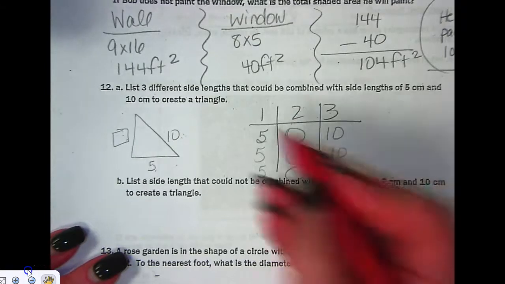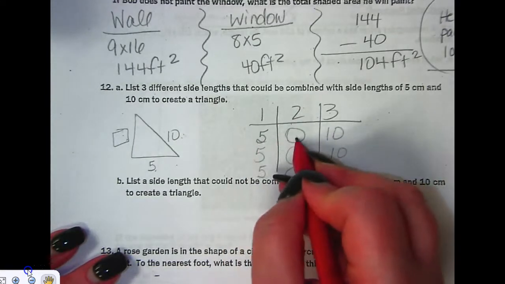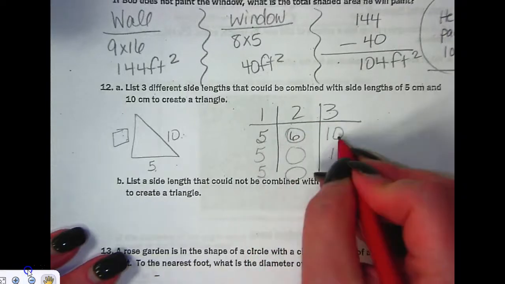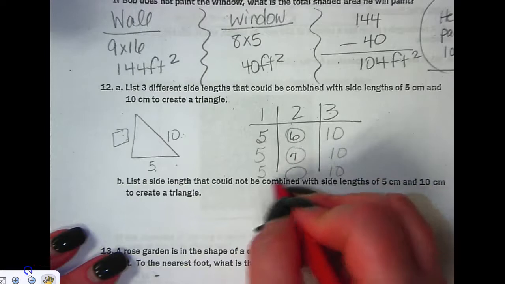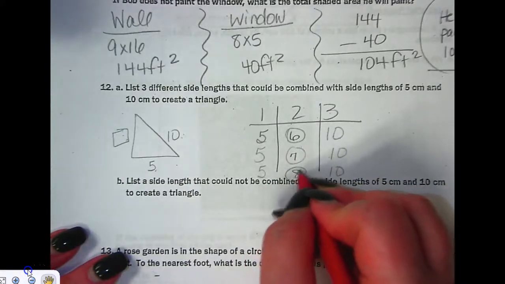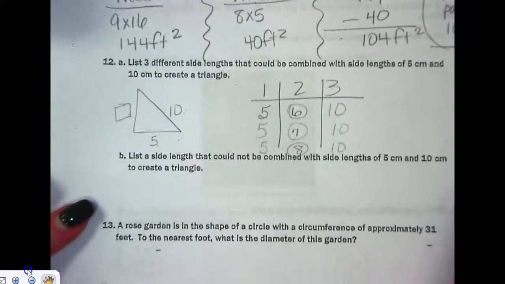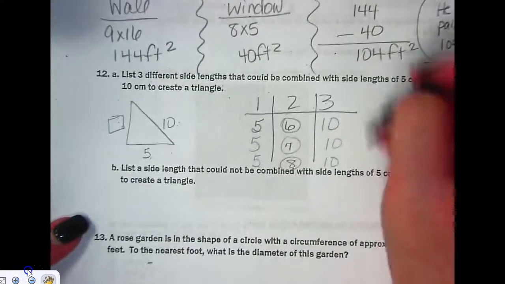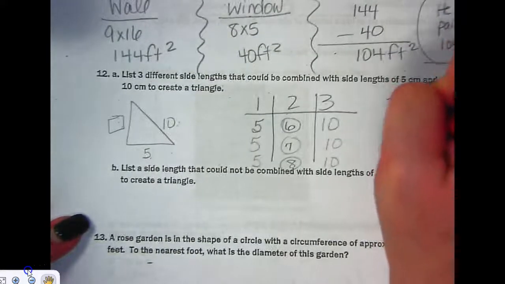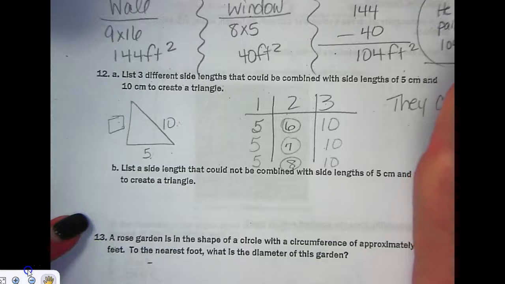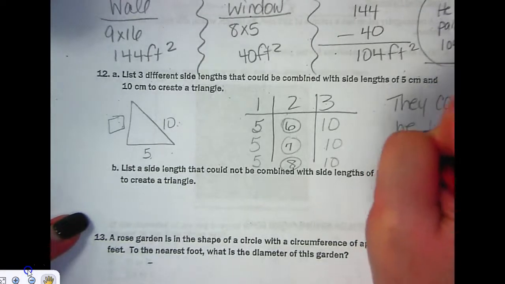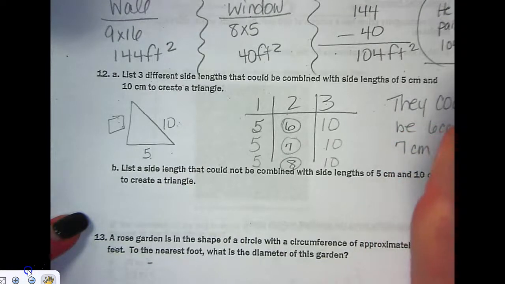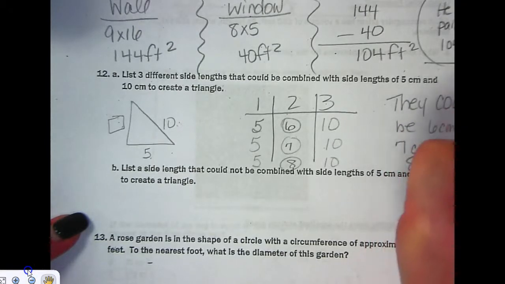No, that won't work. 5 plus 6? Yes. What else? 5 plus 7? 5 plus 8. All of those worked. So, I could say they could be 6 centimeters, 7 centimeters, and 8 centimeters.